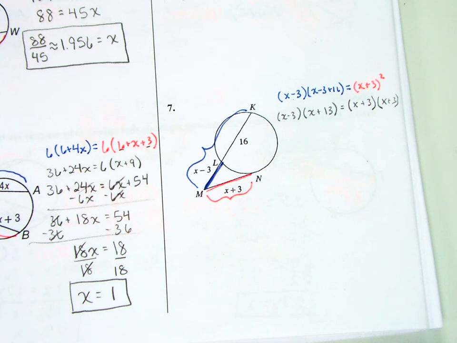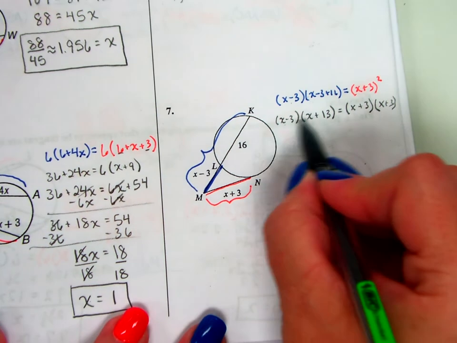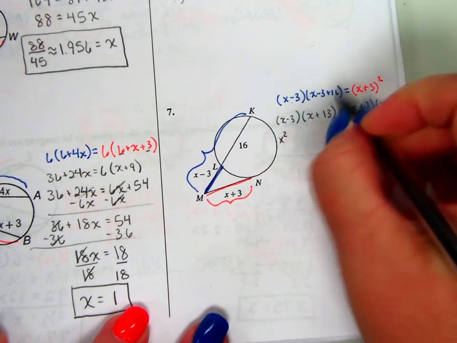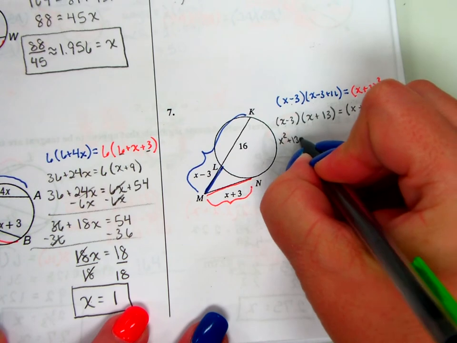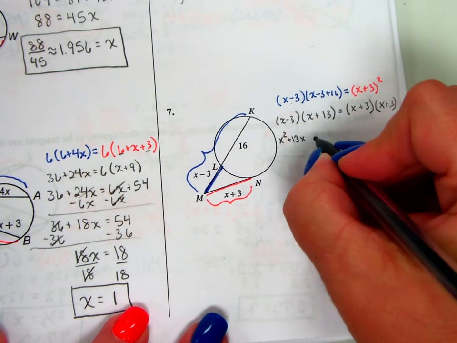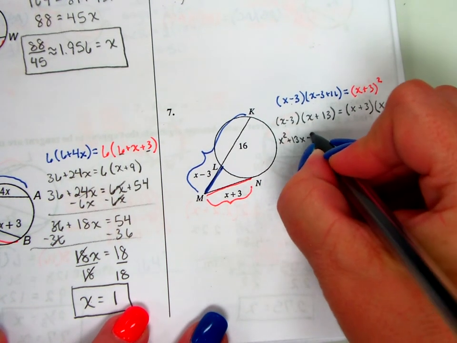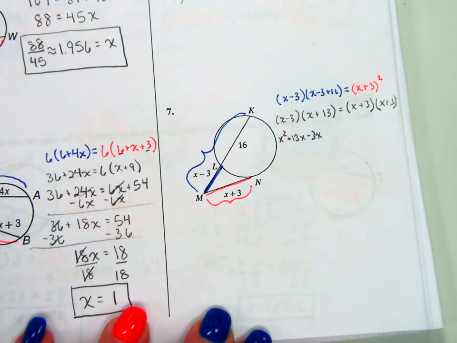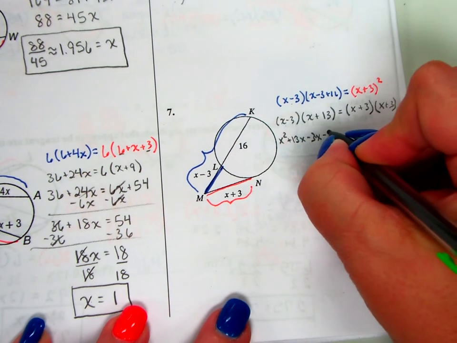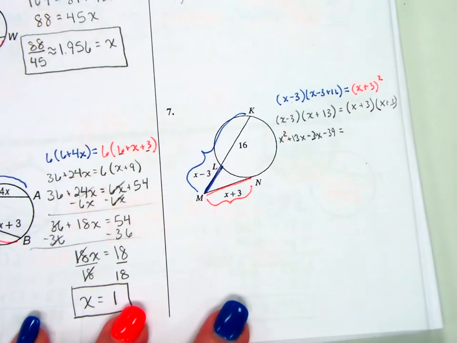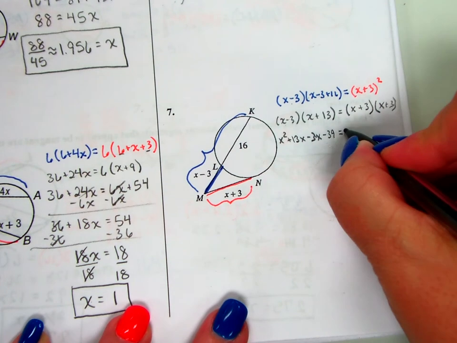We're all okay with double distributing? Okay. So for my double distributing, x times x, x times 13, good. Then my negative 3. Negative 3 times x is? Negative 3x. And then negative 3 times 13, negative 39.